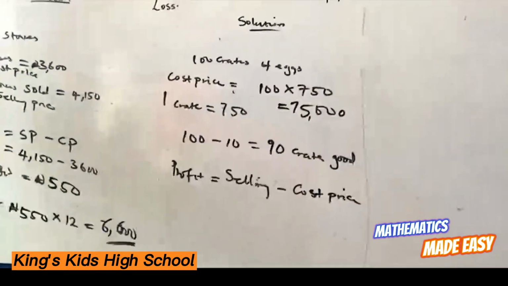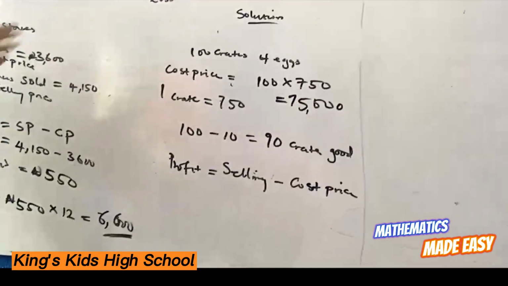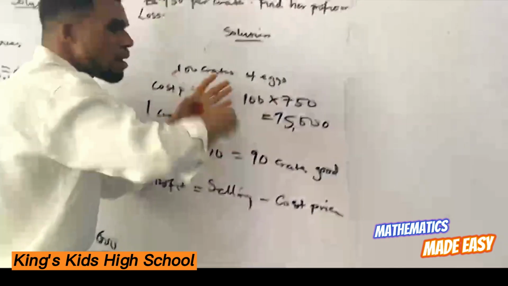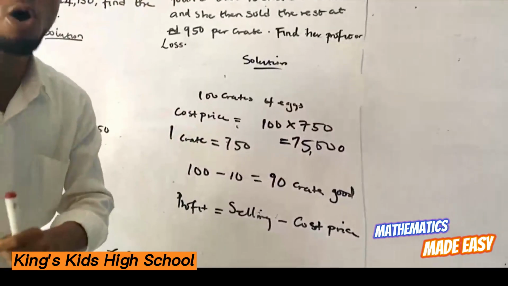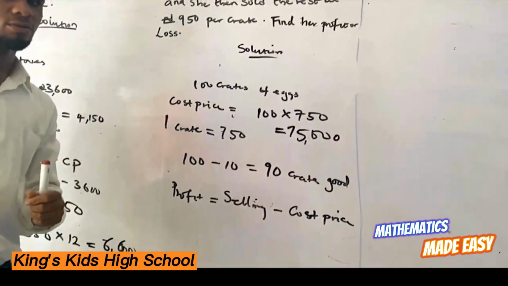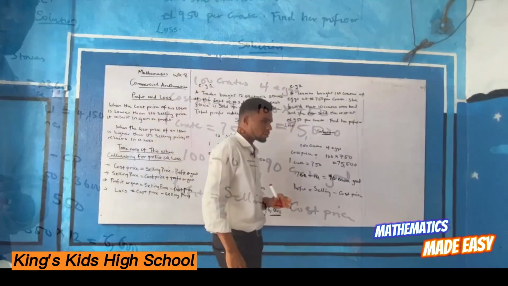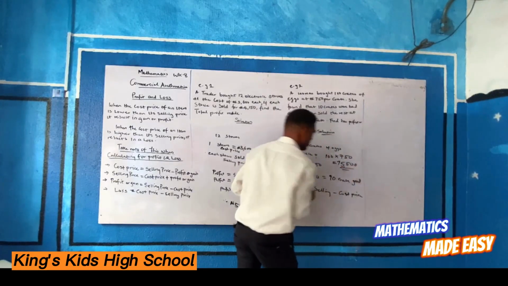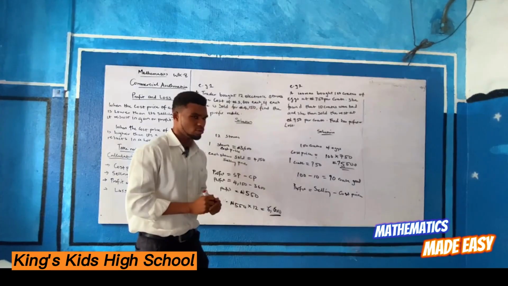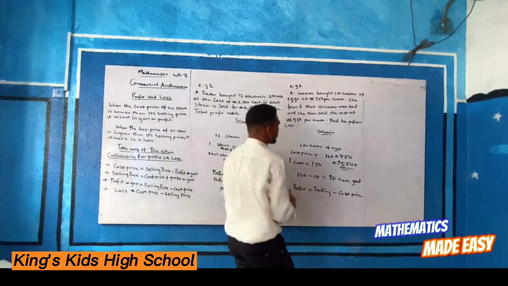That is why we are taking the 100, multiplying it, because this 750 is only one crate of egg. Are you following the concept now? So that is how we got the cost price to be this. Do you follow? Now, let's go for the selling price.